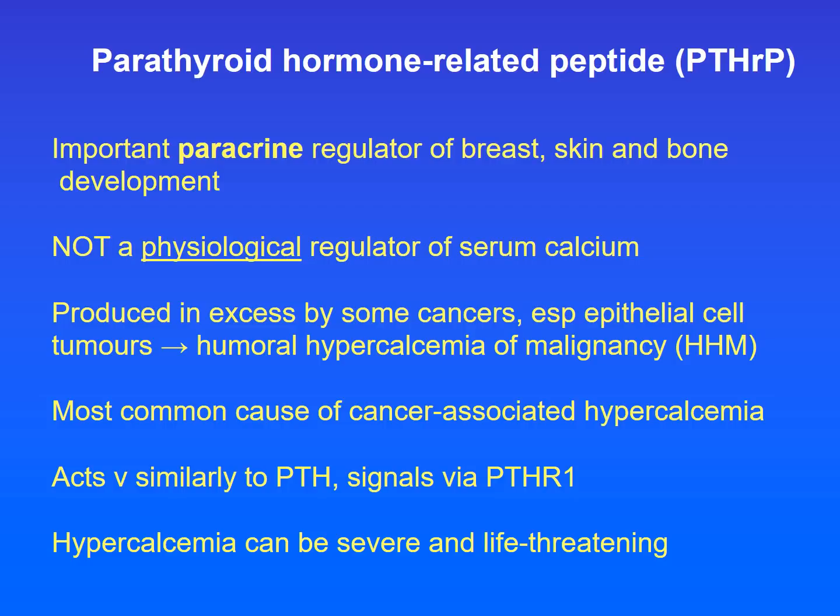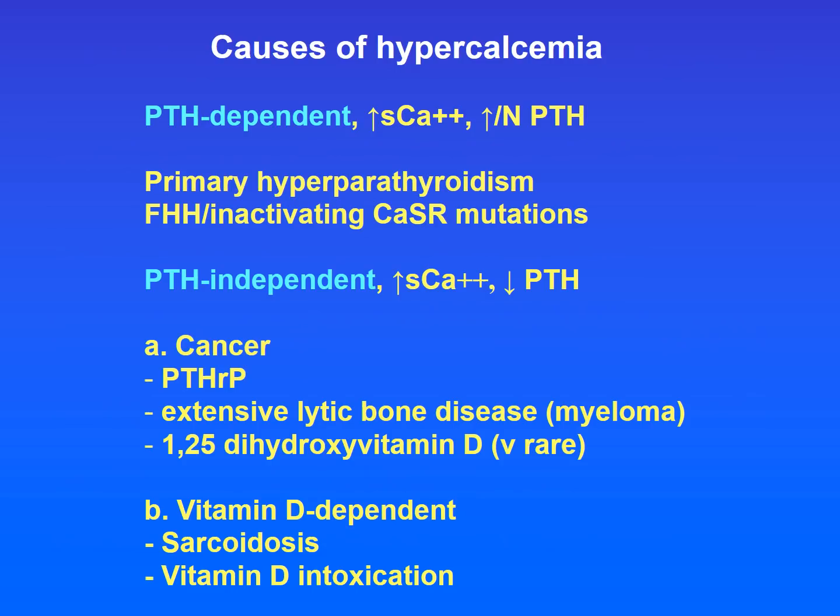So it's very unusual for this to be a signal of occult cancer. But it is a really important clinical problem. And so that's the final hormonal player that you need to know about in relation to the physiology and pathophysiology of calcium metabolism. So with that in mind, what are the causes of hypercalcemia that one comes across in clinical practice.